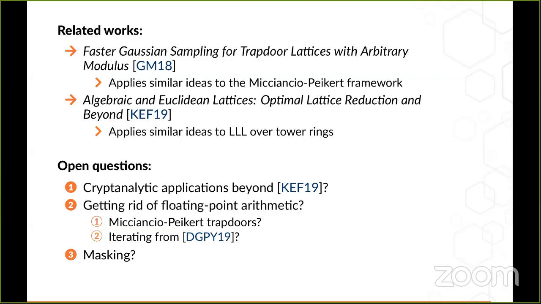On the other hand, fast Fourier sampling is what you get when you combine some variant of the nearest plane algorithm with Gaussians. So maybe if we take some ideas from this paper and apply them to fast Fourier sampling, we can make it floating point free.